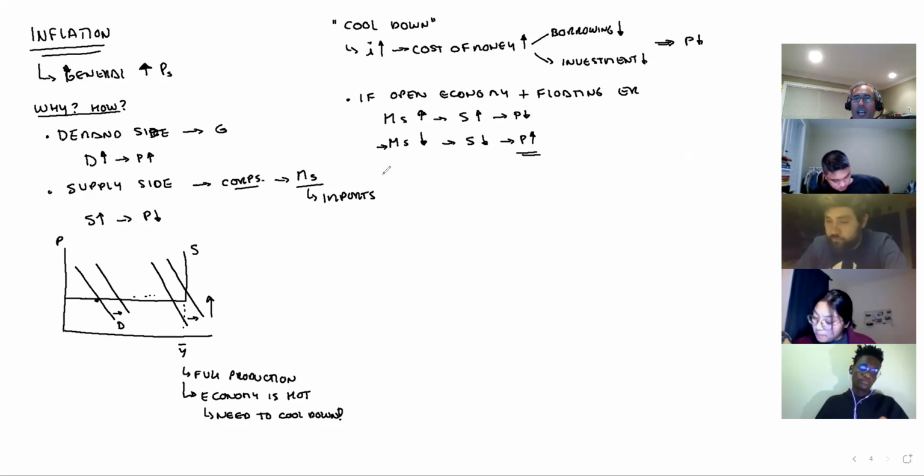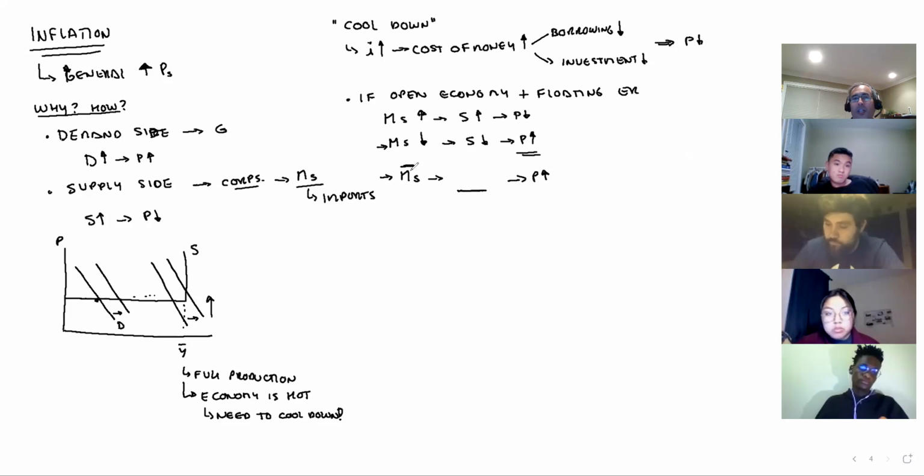However, guys, what can happen is that imports stay constant, but we can still have inflation. So what is the mechanism here? What happens? Guys, what variable do we need to consider here?